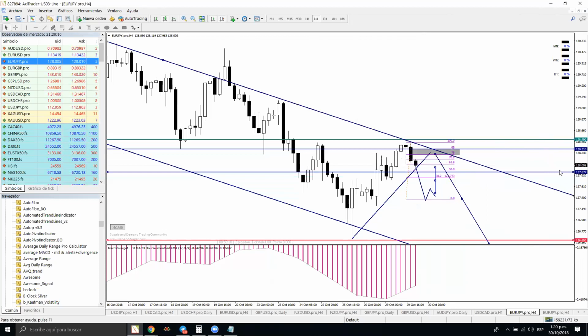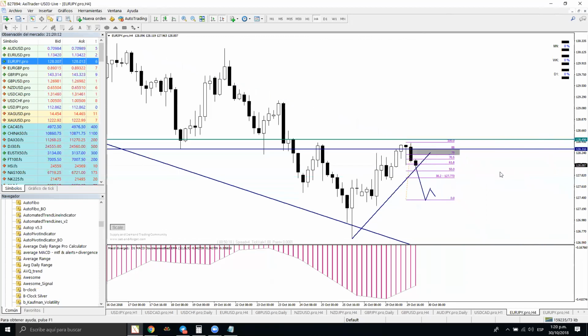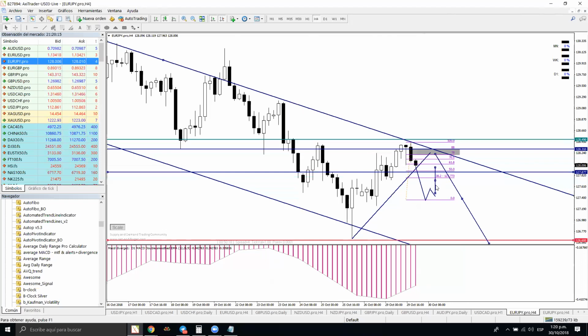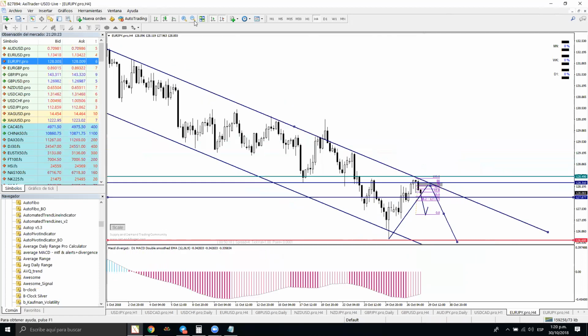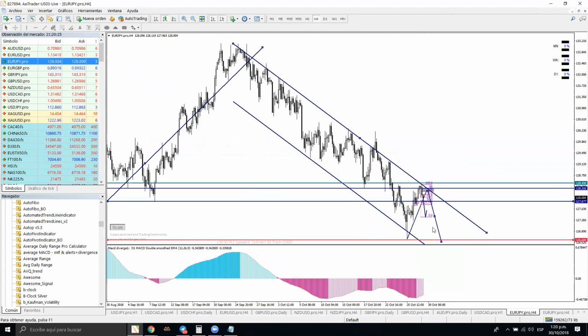Now let's see a lot of examples. In this case, we're trading with the trend. You can trade the pullbacks, but just take care that you have a good divergence with the higher MACD time frame.